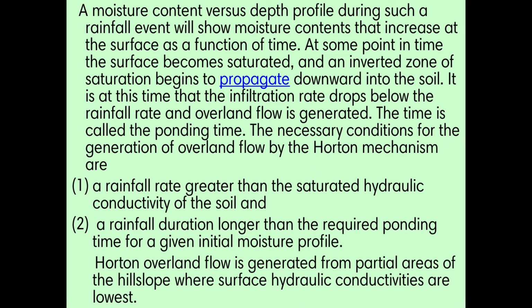A moisture content versus depth profile during such a rainfall event will show moisture contents that increase at the surface as a function of time. At some point in time, the surface becomes saturated and an inverted zone of saturation begins to propagate downward into the soil.